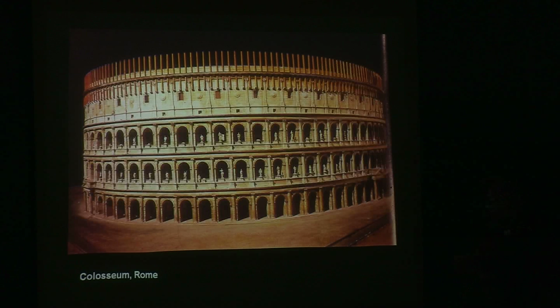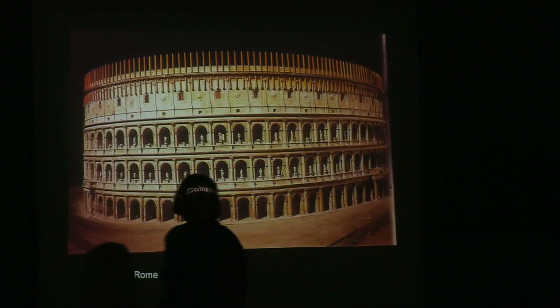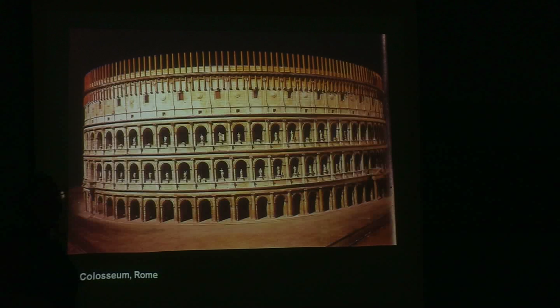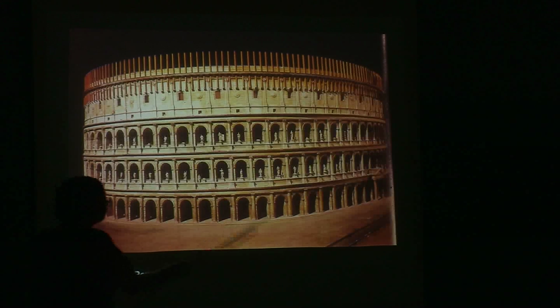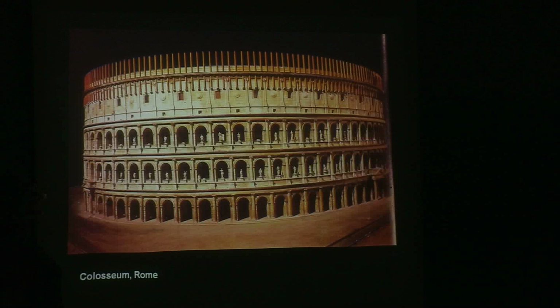Talking of the Colosseum, we have to note it as one of the last and most monumental buildings in stone that the Romans erected. It is still utilizing the traditional system, as we said. It is utilizing the arch system, as you see. There are more than 80 arches all around.